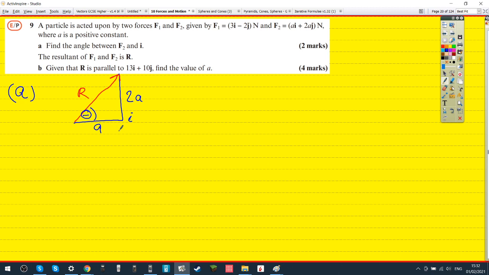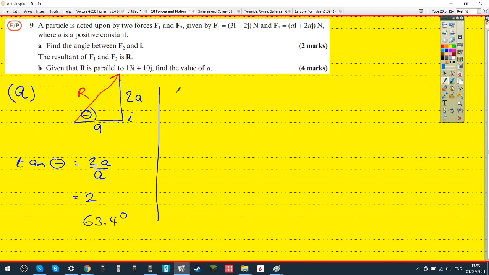Yep. So would that be tan theta equals 2a over a? Yeah, and it's always tan of the j over the i, opposite over adjacent. And that will turn to tan theta equals 2. And so arctan would be equal to 63.4 degrees.